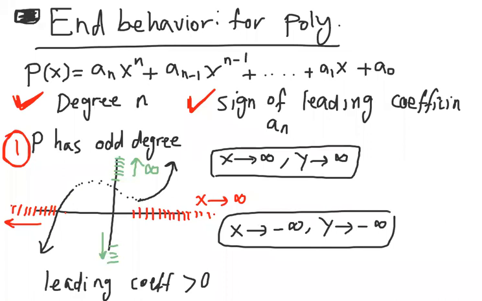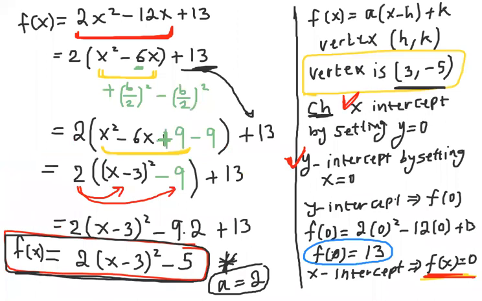Okay, let's go to the next case. Second case, when the polynomial b of x has, again, odd degree.